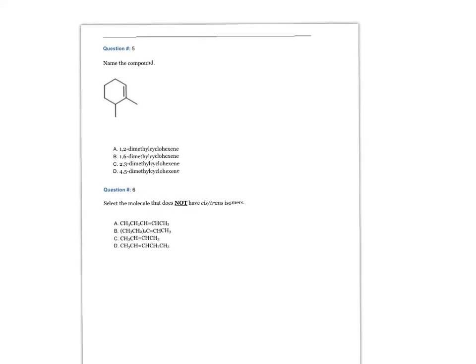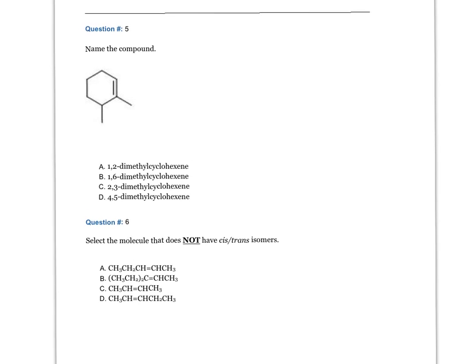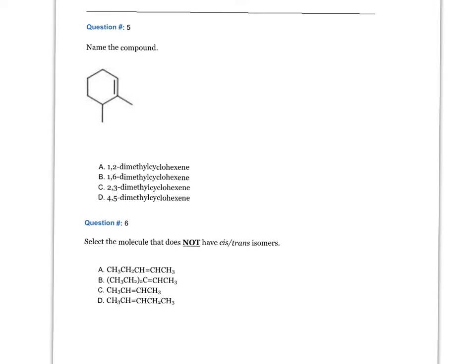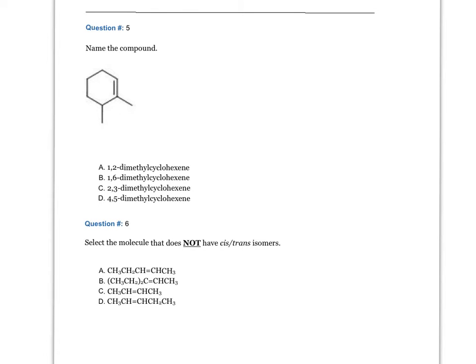Question number 5, name the compound. So it's a cycloalkene. That means 2 options for numbering. For cyclic alkenes, the double bond has to be 1 and 2. And then next, you minimize the location.